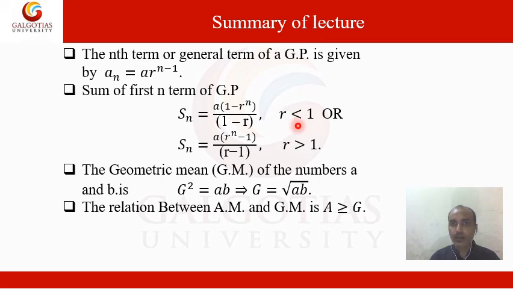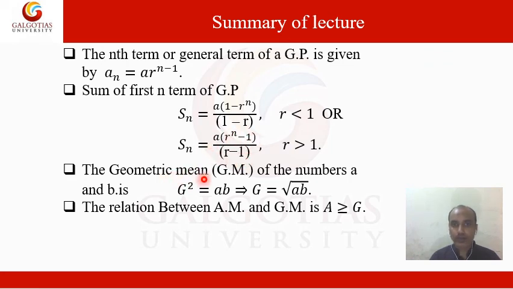When r is less than 1, the sum of the first n terms of a GP is denoted by S_n and equal to a(1 - r^n)/(1 - r). And when r is greater than 1, this formula is written as a(r^n - 1)/(r - 1).